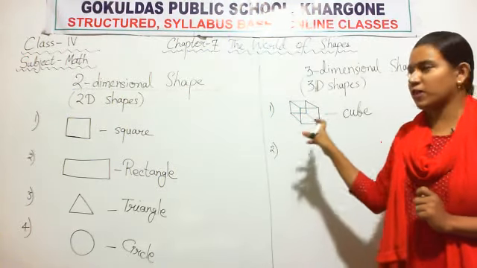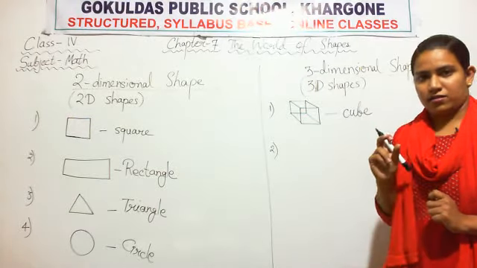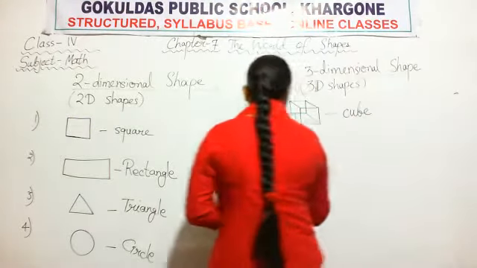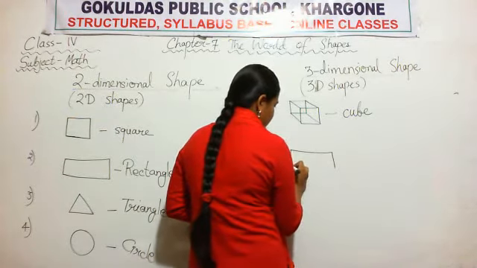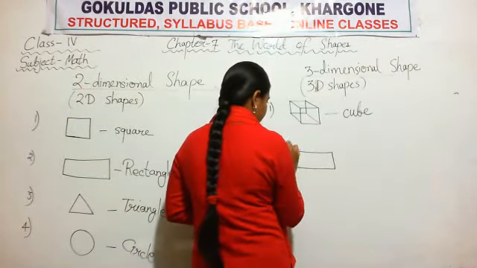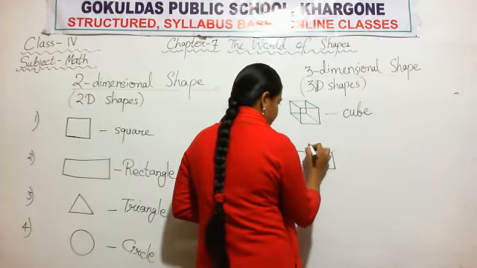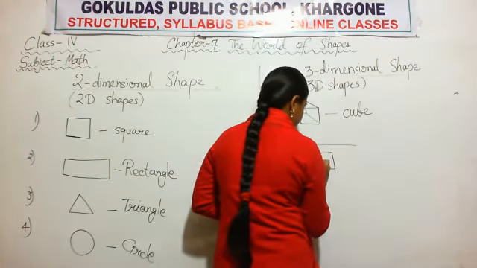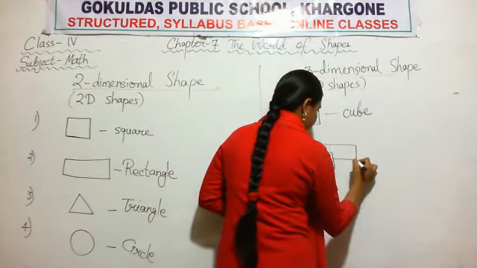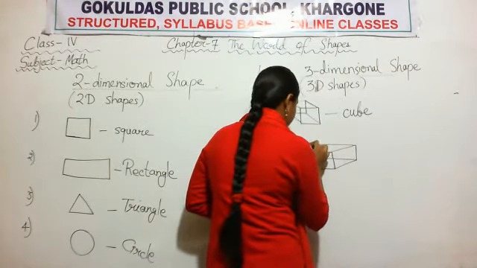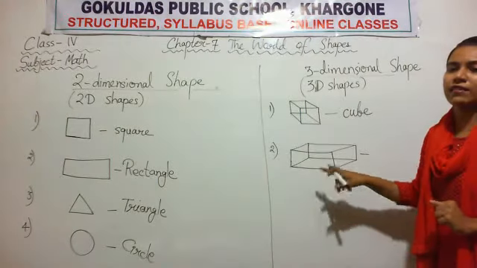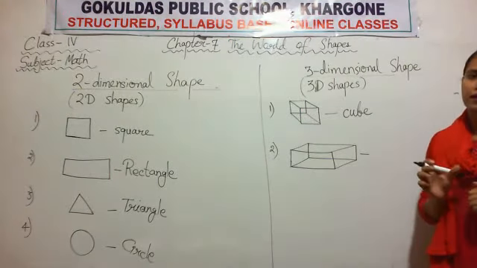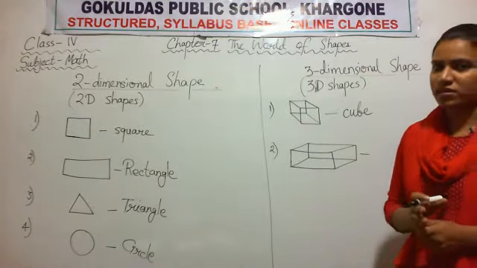Ice cubes are in the shape of cube. Have you seen the shape of matchstick or your geometry box?